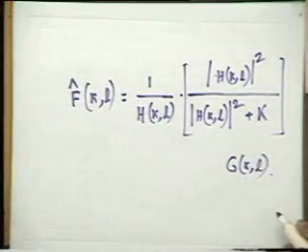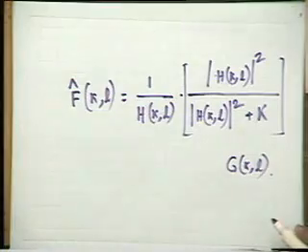So G of KL is given to us, rather G of MN is given to us in the spatial domain. We can compute GKL. The impulse response of the degradation model, you assume that the point spread function or rather the impulse response is known to you. So you know what that impulse response is going to be in the frequency domain.